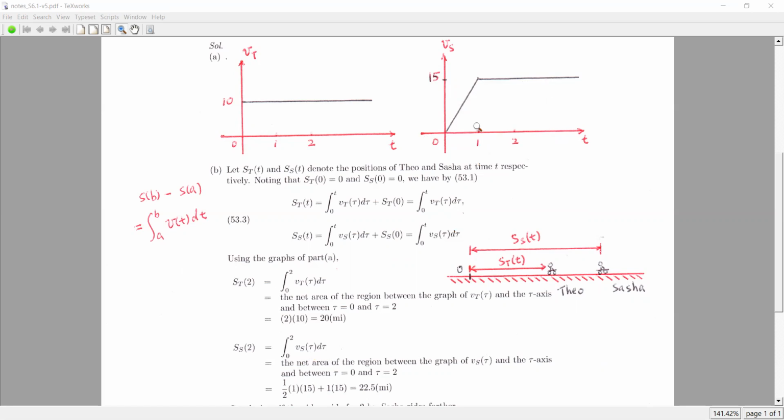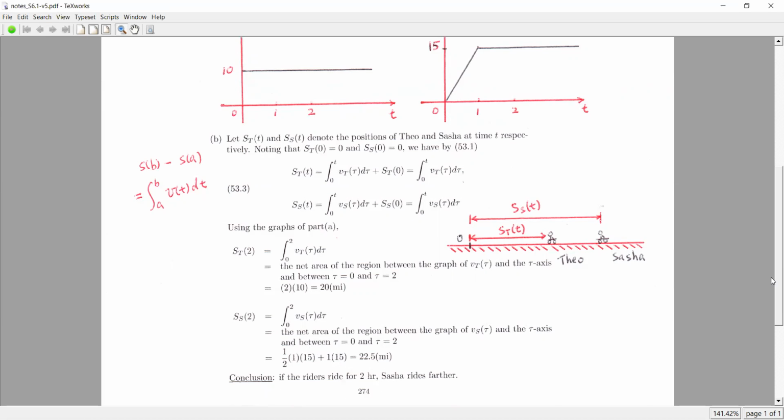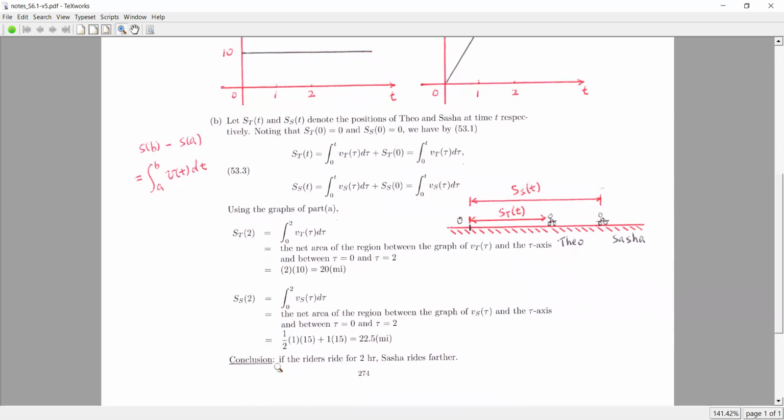This region is a triangle plus a rectangle. The area of this region is 22.5. So after 2 hours, Sasha's position is 22.5 miles from the origin. Conclusion: if the riders ride for 2 hours, Sasha rides farther.